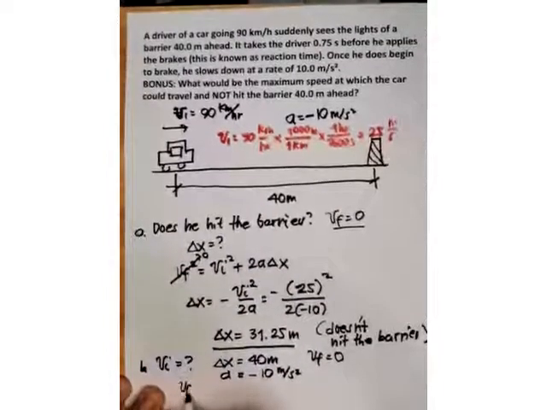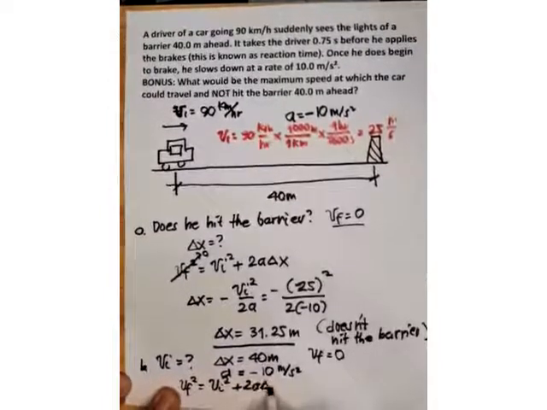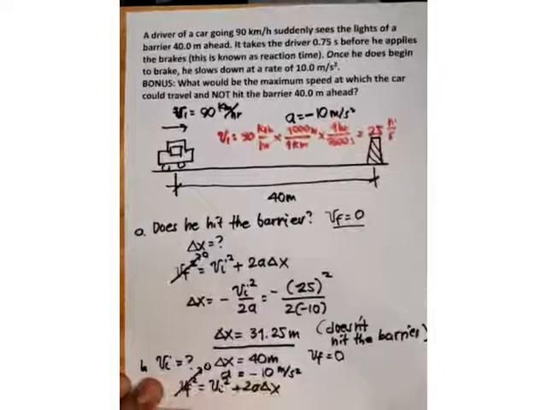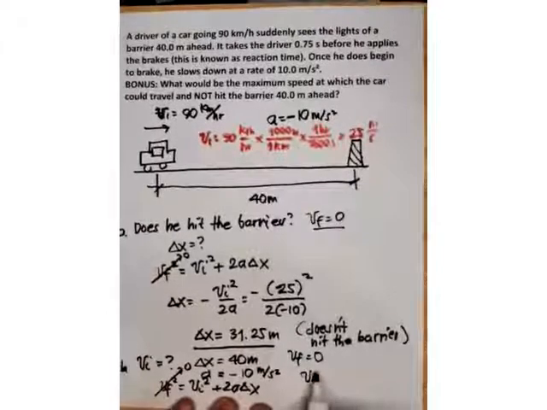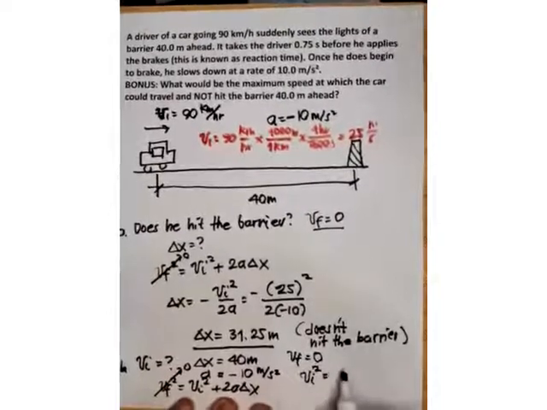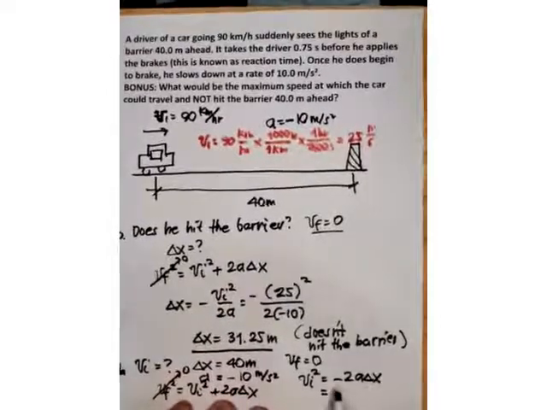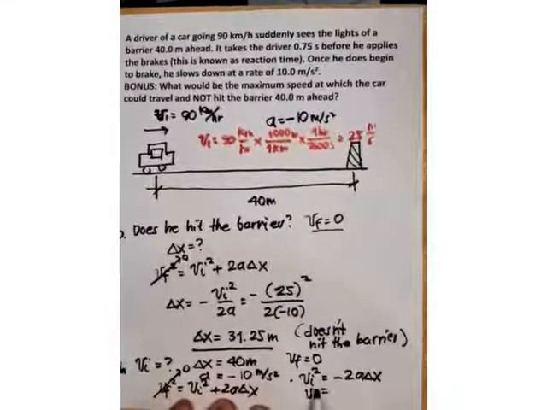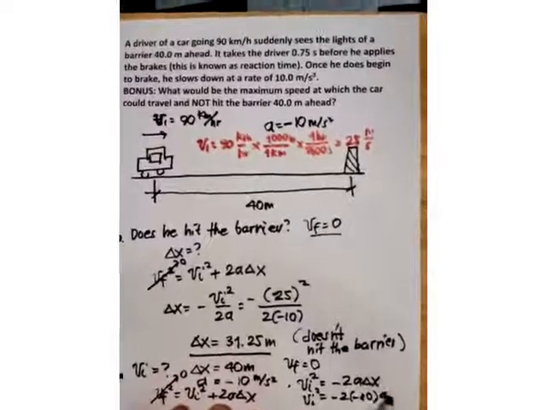So, same formula. So, V final squared is V initial squared plus 2A delta X. So, V final still 0. Then, transpose natin yung 2A delta X. So therefore, V initial squared is equal to negative 2A delta X. So that's equal to negative 2 times negative 10 times 40.